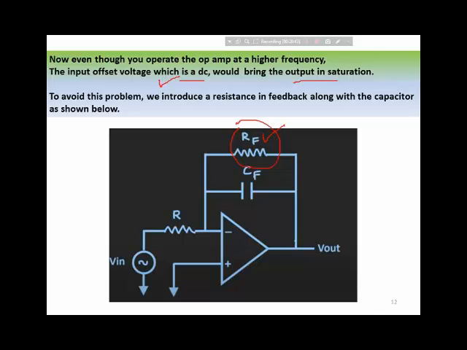The effect of introducing this feedback resistor is that it will now have a finite DC gain.